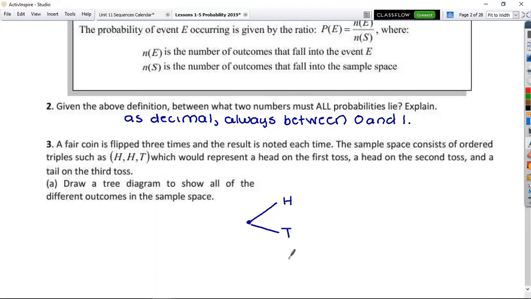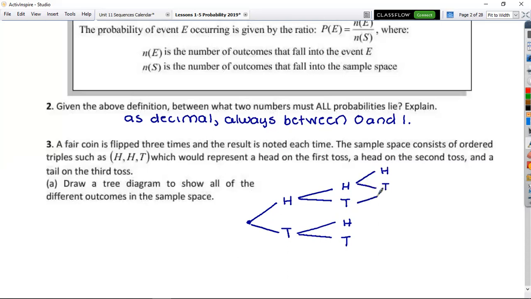So that's flip number 1. Now I'm going to keep going to flip number 2. From flip number 2, I could also get a heads and a tails. Same deal. Heads and a tails. That's my second flip. Now I'm going to do it one more time. Off of each of these, I can get a heads and a tails.